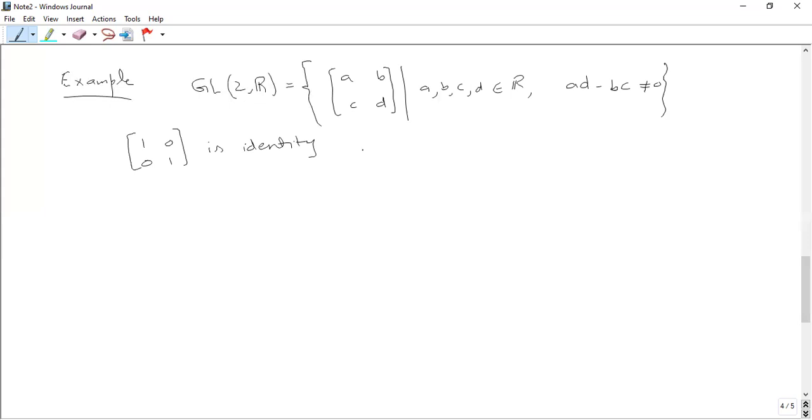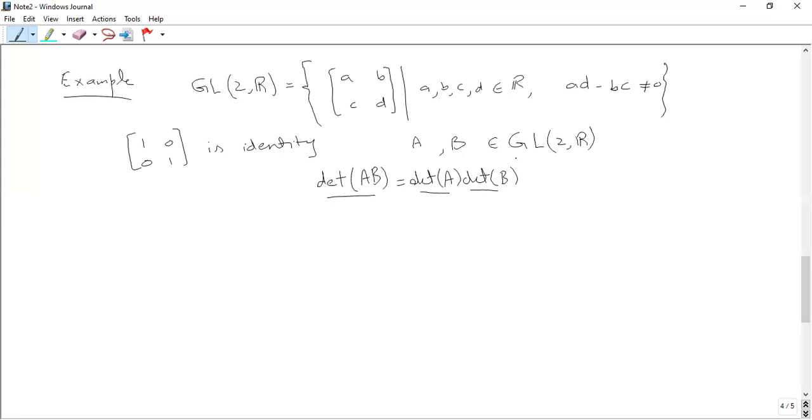So this set is a group under matrix multiplication, because if A is a matrix and B is another matrix belonging to the general linear group of 2 cross 2 matrices over the real entries, then clearly the determinant of AB is equal to the determinant of A times the determinant of B. So if the determinant of A is not 0 and the determinant of B is not 0, then the determinant of AB is also non-zero.